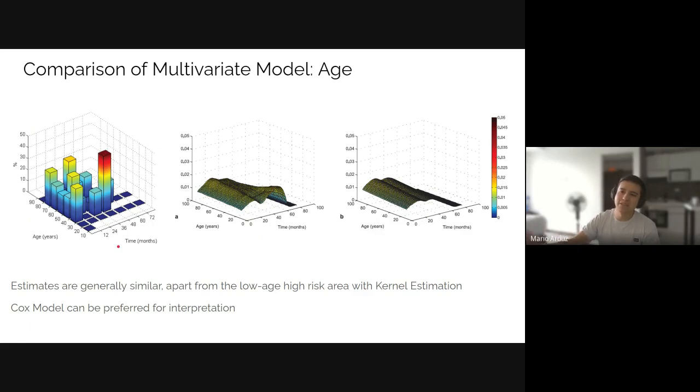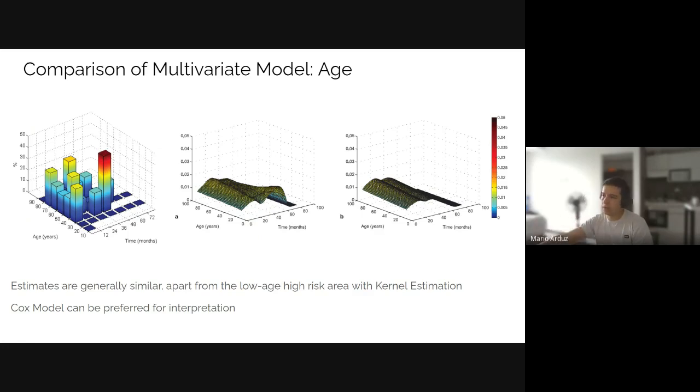At the left, it's the death rate plotted over a combination of age and survival time, where age is a characteristic of all the patients. In the middle and the right are the estimations: the middle is a kernel estimation, and the right one is a Cox total hazard estimation.